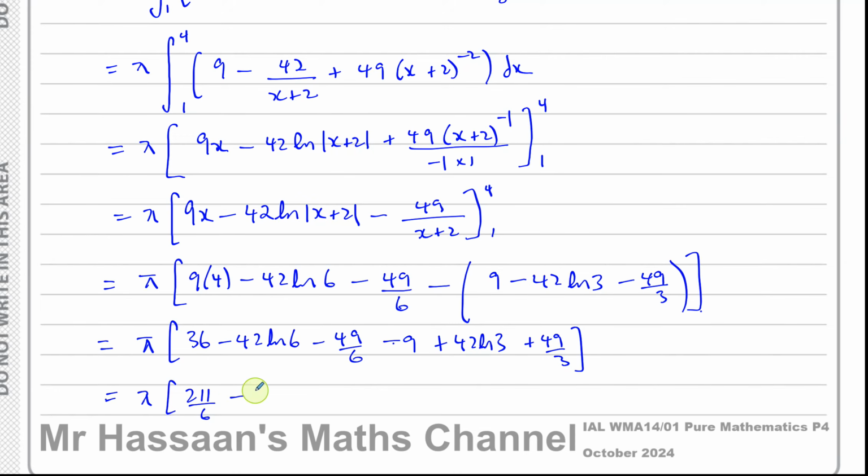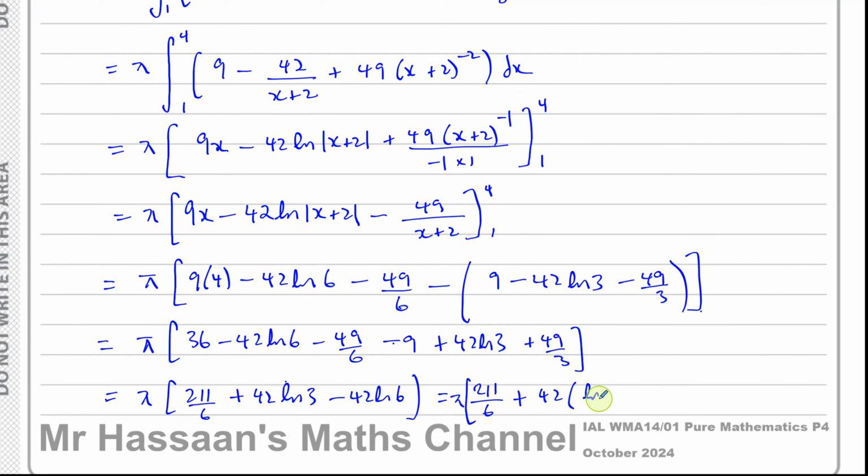So let me put plus 42 ln 3 minus 42 ln 6. Let me write it that way. That'll be a bit easier. So you have 211 over 6. Don't forget the pi. And this I can take out 42 as a common factor.